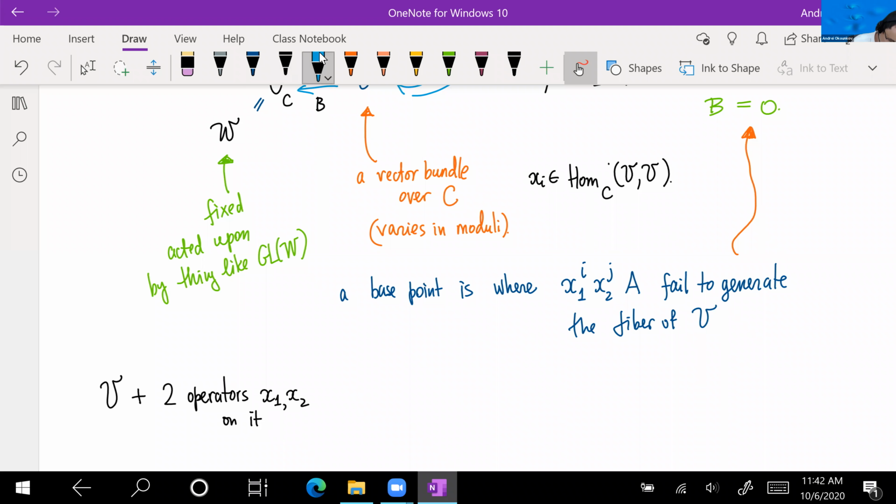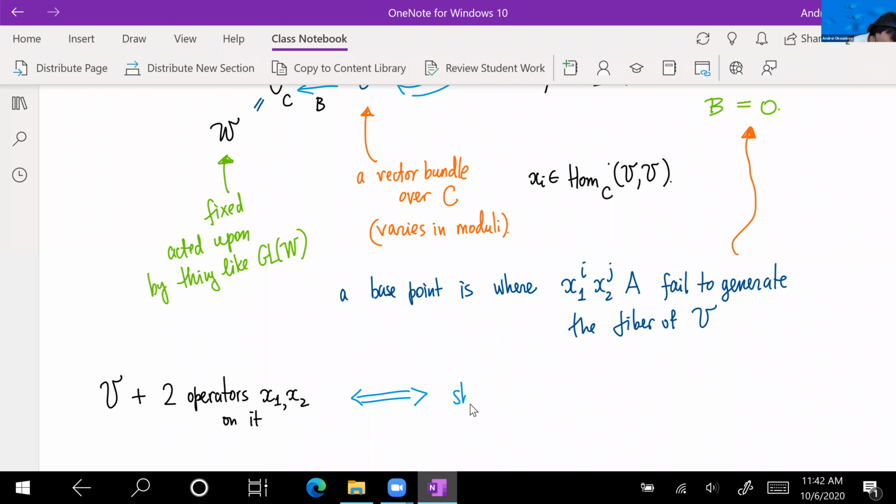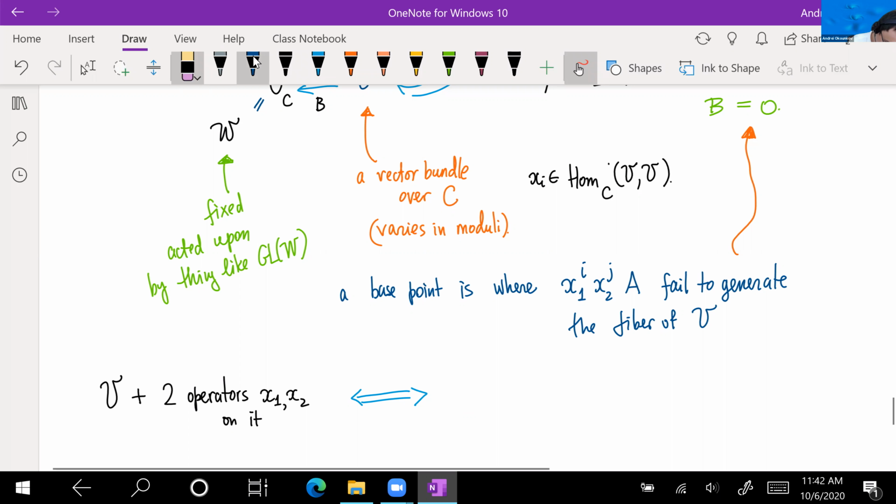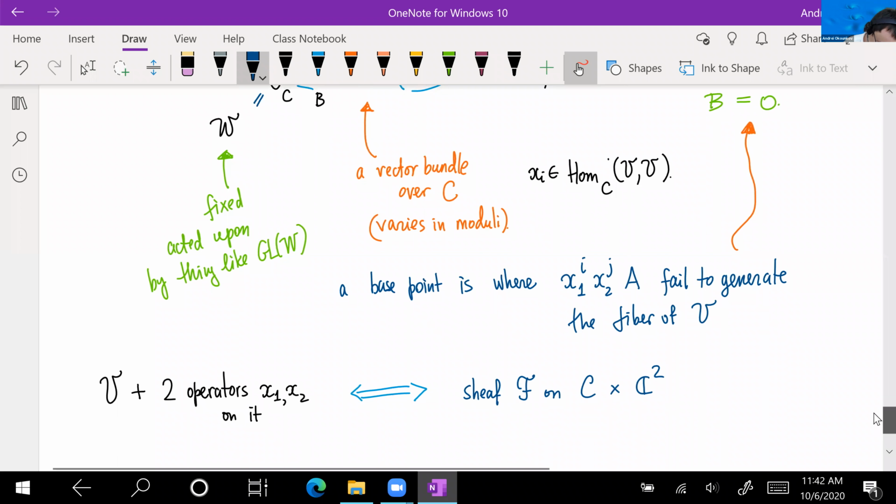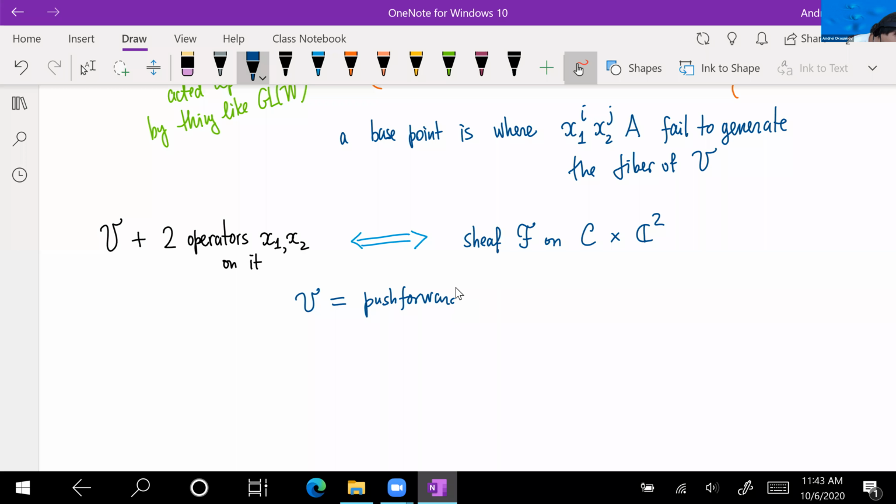This is the same as having a sheaf on my curve cross C2, so that my bundle V is just the push forward of F to C.